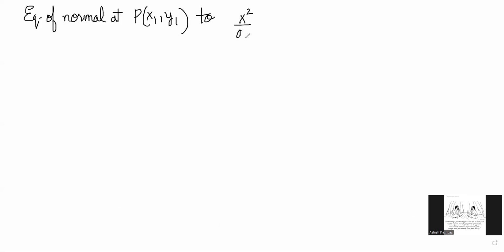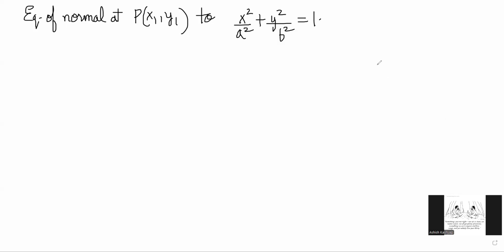What is the equation of normal? So the equation of normal at P x1, y1 to the curve x square by a square plus y square by b square equals 1. And we follow the same method. In the previous derivation, we found out the slope of the tangent.